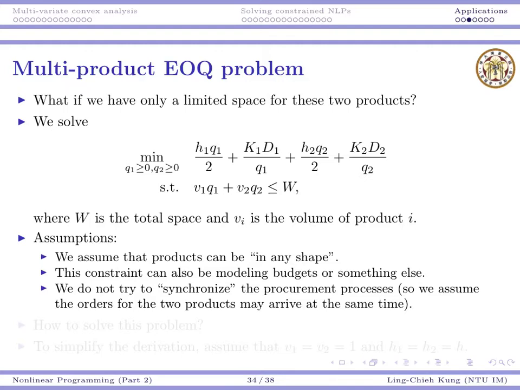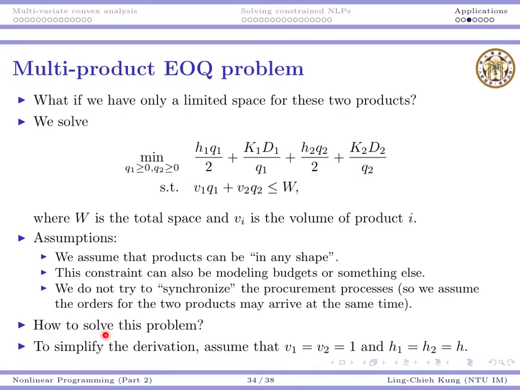If we somehow synchronize the procurement process so that the two orders may not come at the same time, then we actually will not use this amount. But anyway, this is the worst case that we may experience, so setting this as a constraint is reasonable. Technically, let's solve this problem by assuming these are all satisfied. At least we can get some approximation.